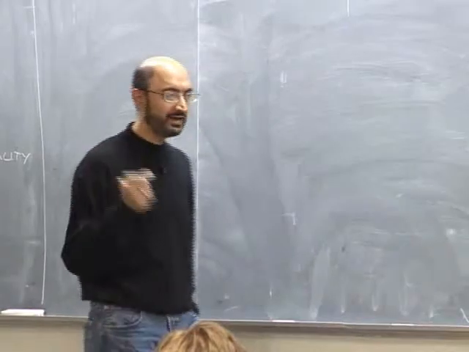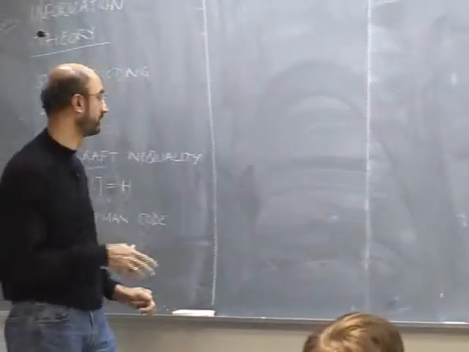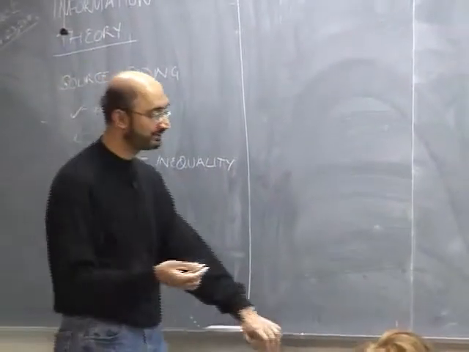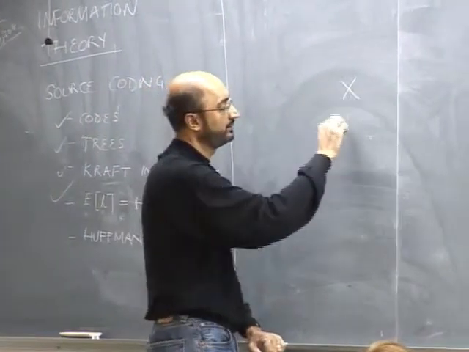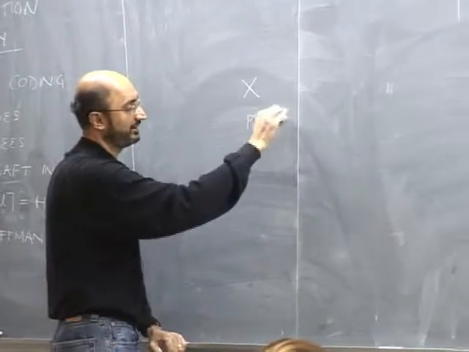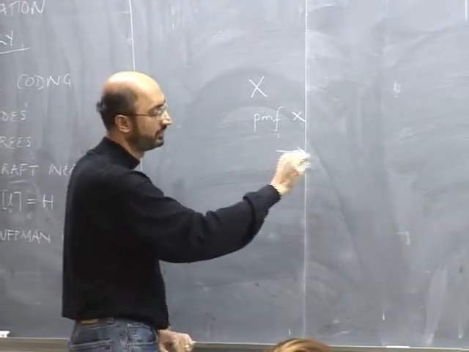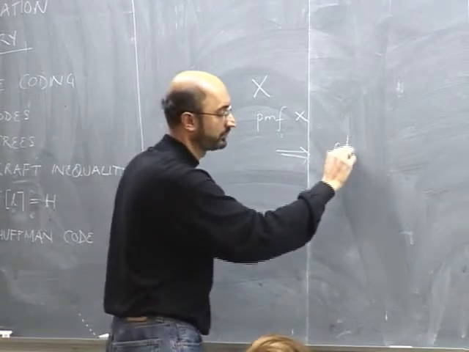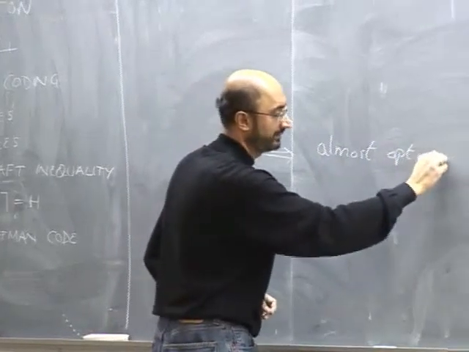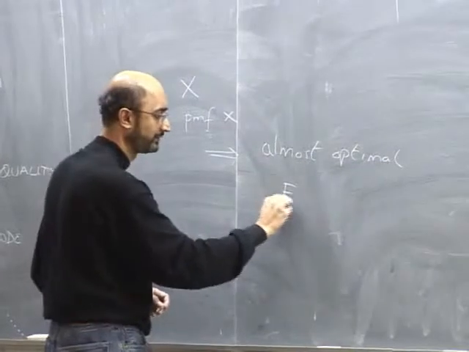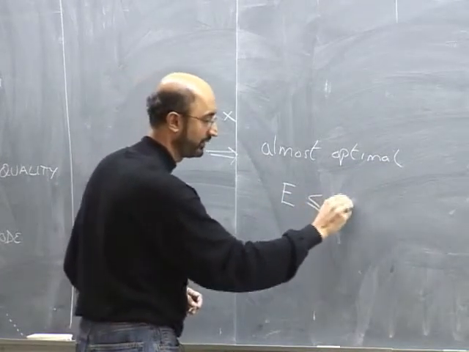Huffman coding is nice because it's almost optimal. The Huffman code basically says that if you give me x and you give me the probability mass function of x, then I will give you an almost optimal code. An almost optimal code says that E is going to be less than or equal to H plus 1.